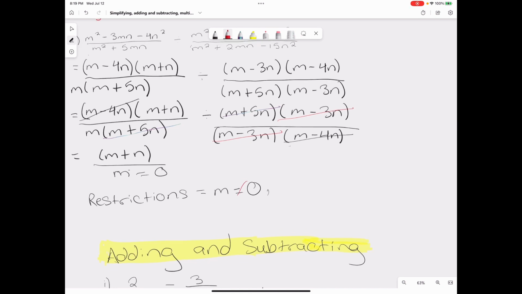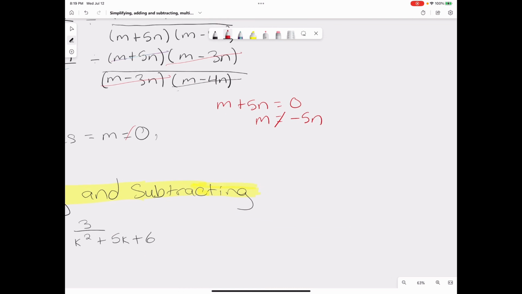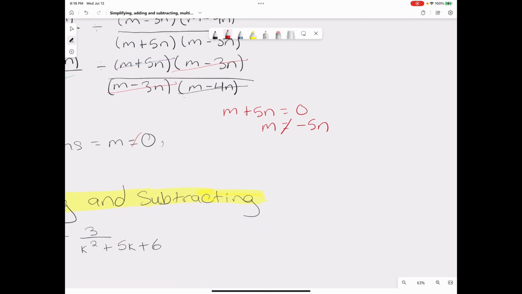So we can take m plus 5n, for example, equal to 0. So m cannot equal negative 5n, because then it would result in 0, and minus 3n. Make that equal to 0. It's coming from this term right here. Well, then m cannot equal positive 3n.